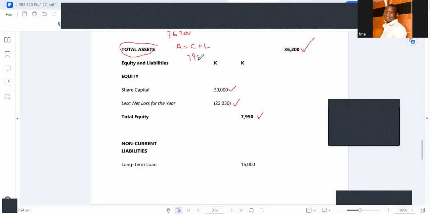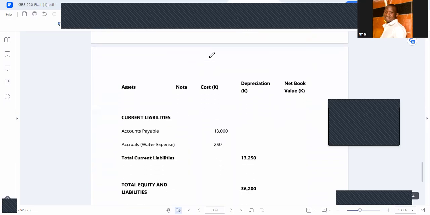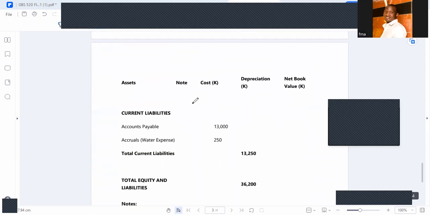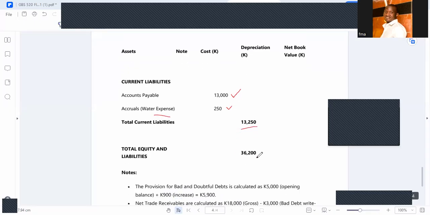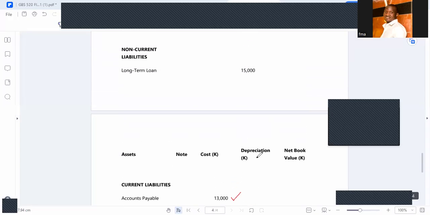Then we add the current liabilities, which include the short term and long term. Short term being the current, long term being the non-current. So here our accounts payable, 13,000. So we add the water expense that was accrued, 250. So we have 13,250. Then other long-term liabilities that we have. Do you have any non-current liabilities? Yes, we have a long-term loan of 15,000.